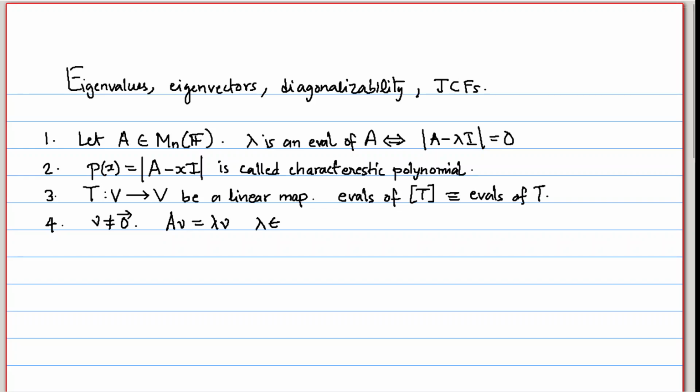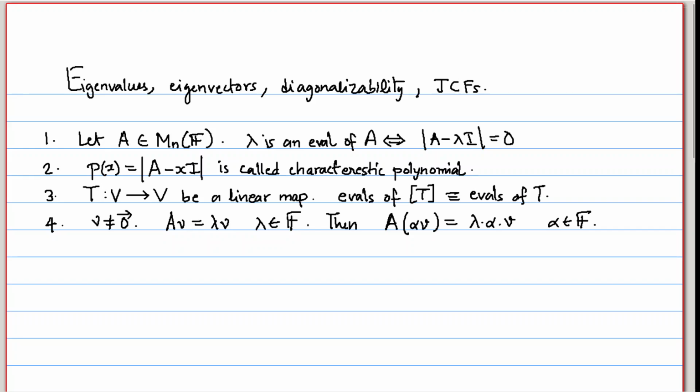Lambda is a scalar in the field F. Suppose this holds. Then observe that A times alpha v can be written as lambda times alpha times v. What is alpha? Alpha is again a scalar. What does this mean?